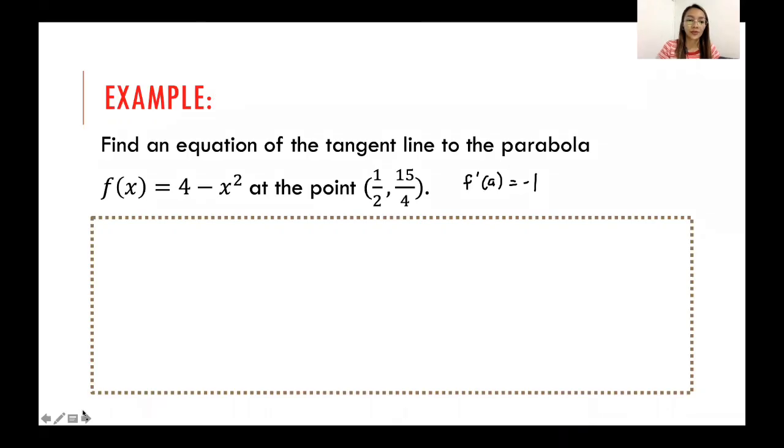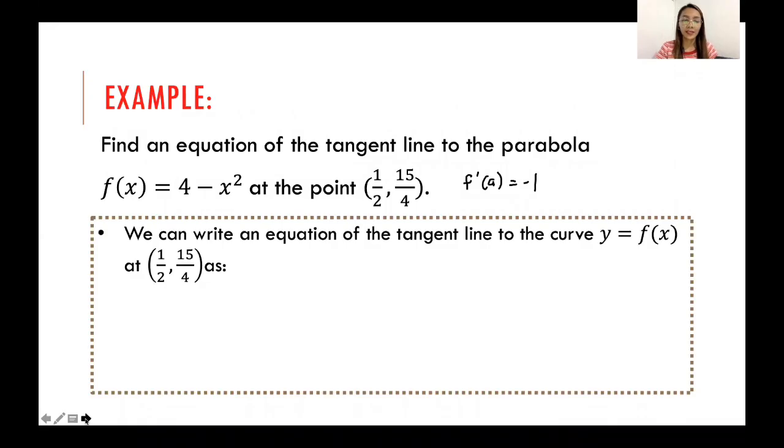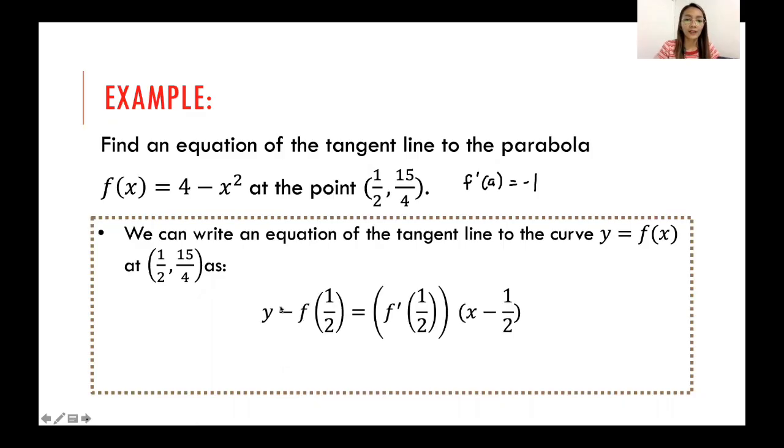Okay. So, we can write an equation of the tangent line to the curve y is equal to f of x at 1/2 and 15 over 4 as, y minus f of a is equal to f prime of a times x minus a. Okay? So now, sinubstitute ko lang siya.